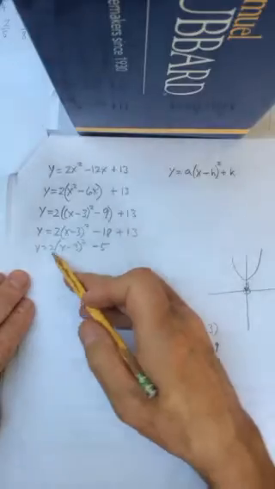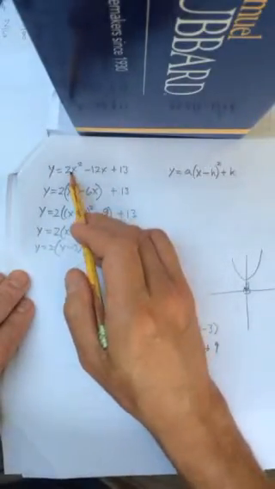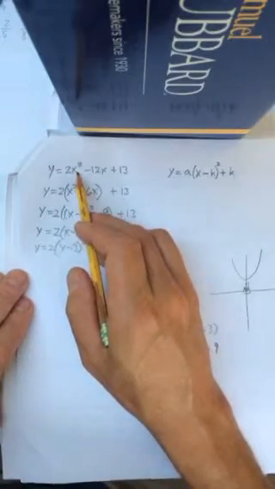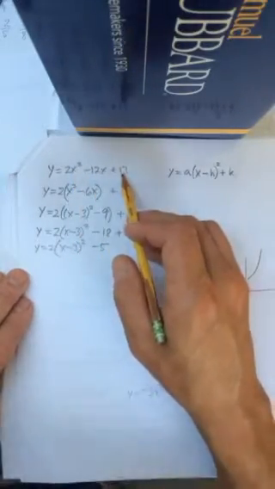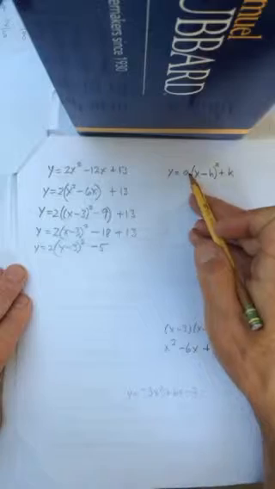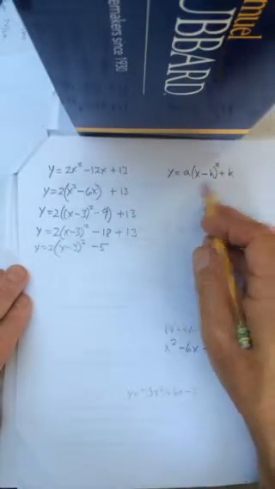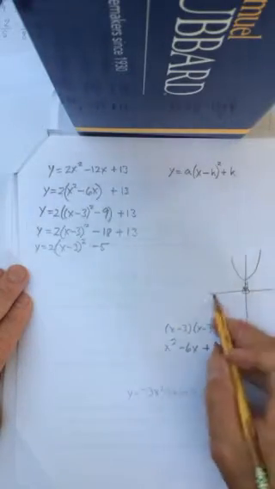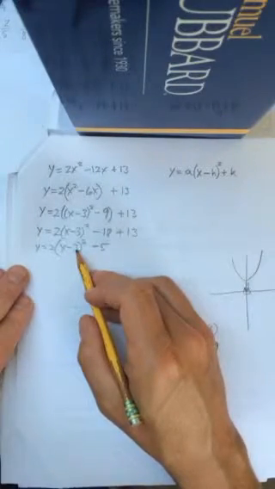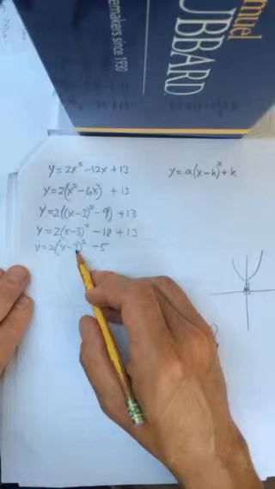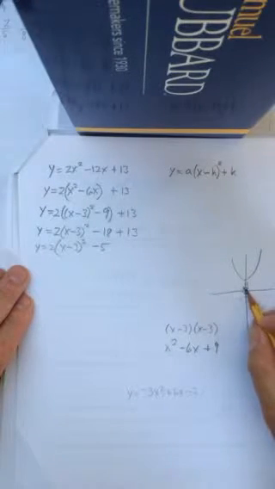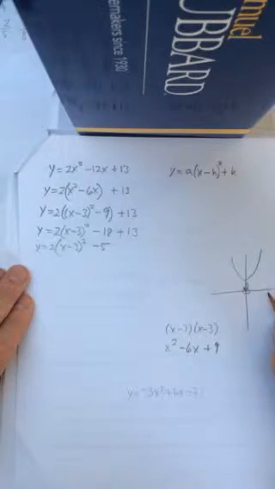We have this a, which is always going to be the same a that you start with, the a times x squared minus b and c. That a is going to be the same thing. That's why we use the same letter. The h, which tells us where it is horizontally, is a 3. So that means that the vertex is going to be over here at 1, 2, 3.